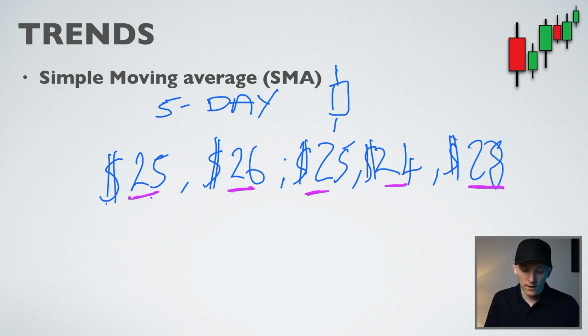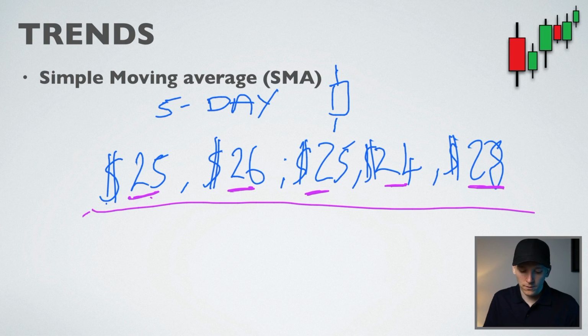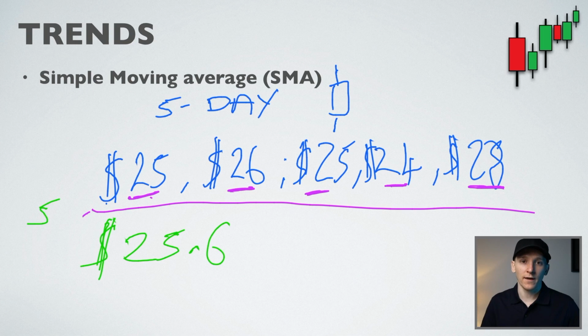What you have to do then is add all of those up and divide by the number of days or the number of periods. So in this case, we're dividing that by 5, and that gets 25.6. Okay, so the average price over those 5 days is 25.6, and that is essentially the kind of line that will be printed, right?